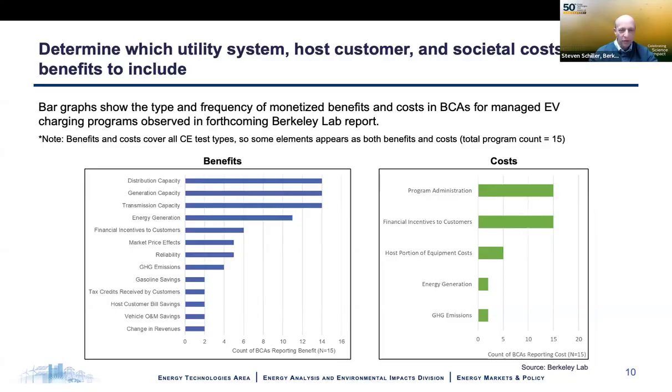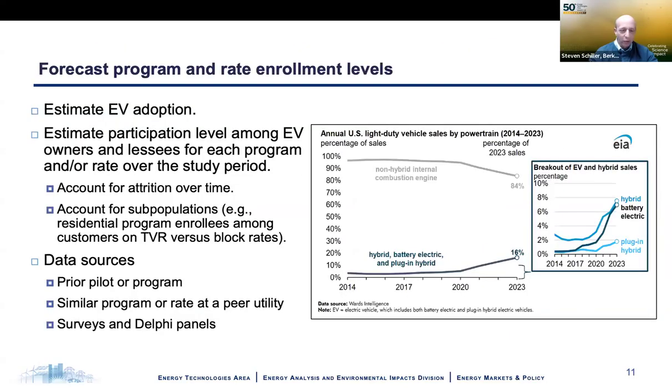So again, determining the utility system, host customer, and societal costs and benefits to include. Then the enrollment levels: estimating the adoption of EVs in general, and then the adoption and participation in your program itself. Obviously this can vary over time. I've got a couple of examples here of data showing the adoption rates of EVs themselves.